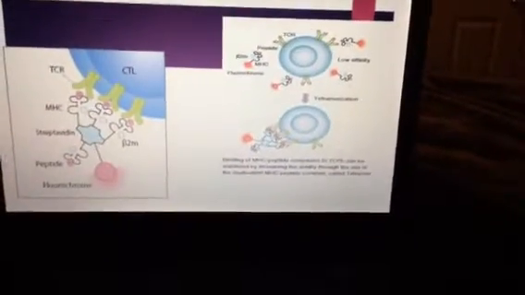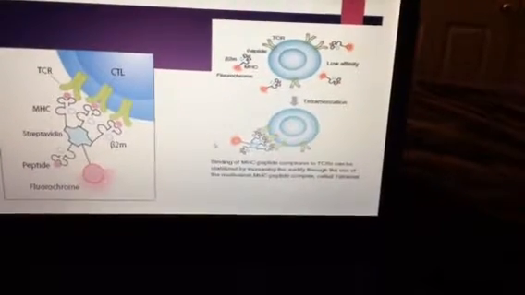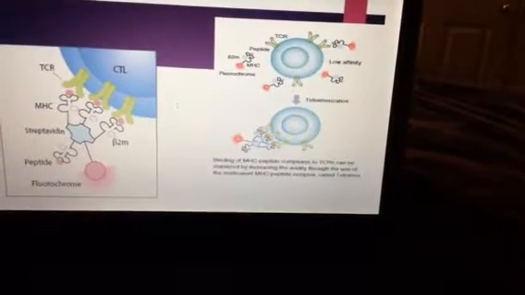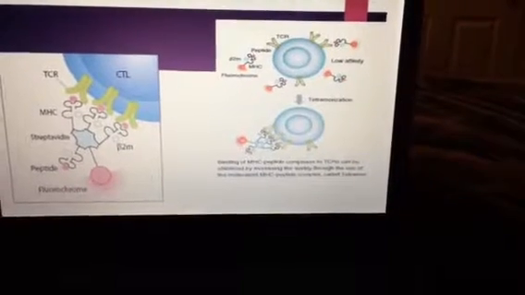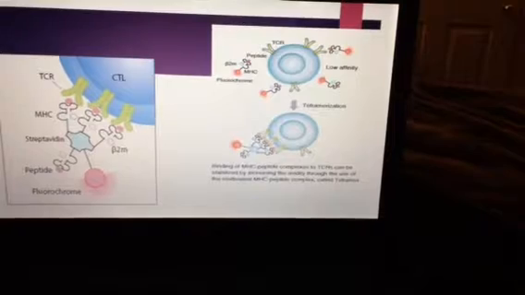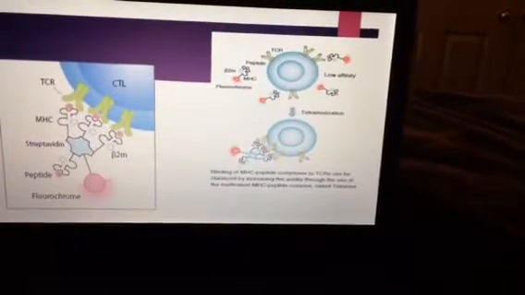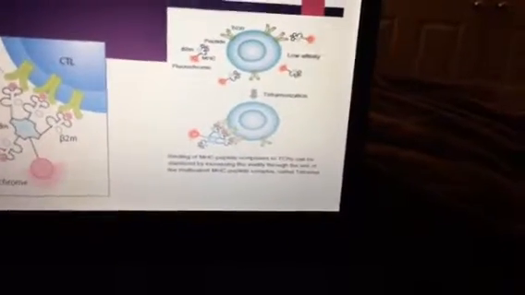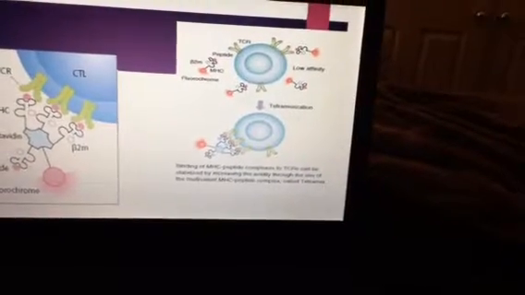As you can see, this picture here is showing us the binding of MHC peptide complexes to TCRs, which can be stabilized by increasing the avidity through the use of the multivalent MHC peptide complex, which is called a tetramer. So these are tetramers here, and it's undergoing tetramerization.